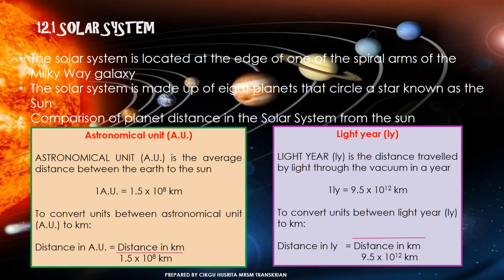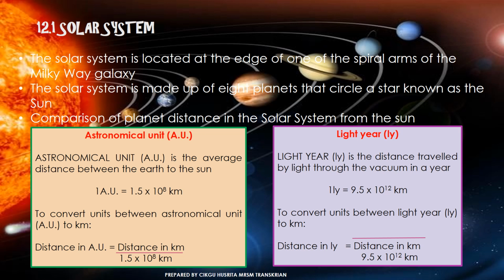This is the astronomical unit, or AU. An astronomical unit is the average distance between the Earth and the Sun. One astronomical unit is equal to 1.5 times 10 to the power of 8 kilometers. The question may ask you to convert a distance into astronomical units.